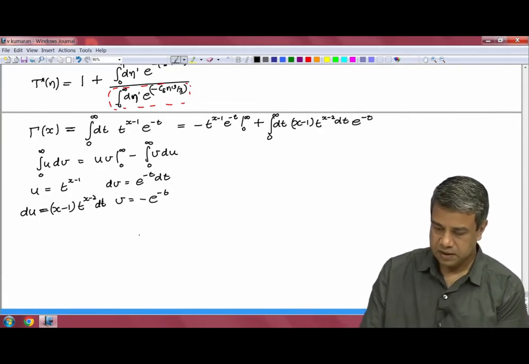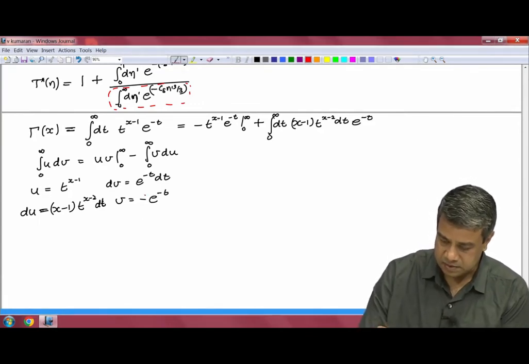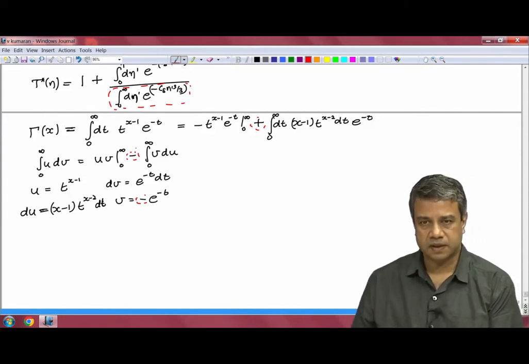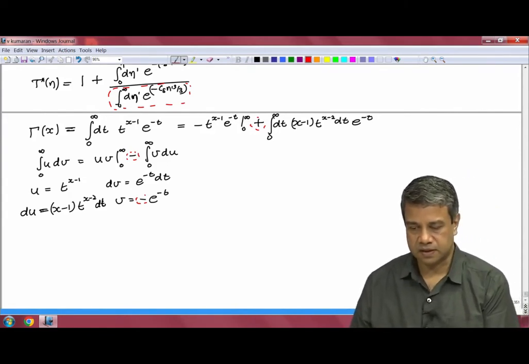And this negative sign is absorbed here in this positive sign, because I should have a negative sign here from this difference, but then I have multiplied that by the negative sign to get this.